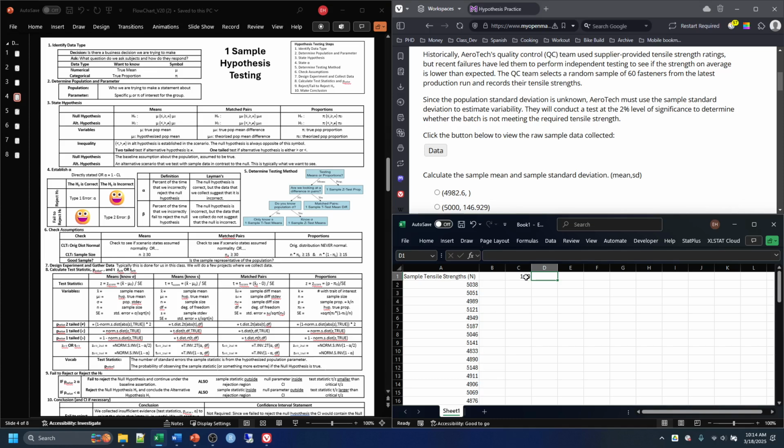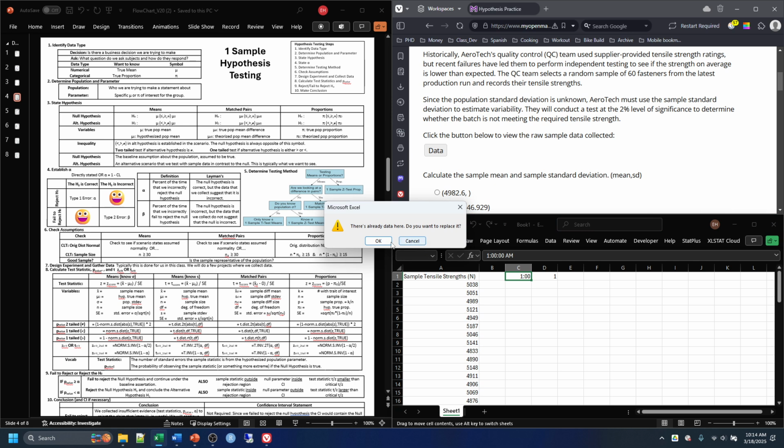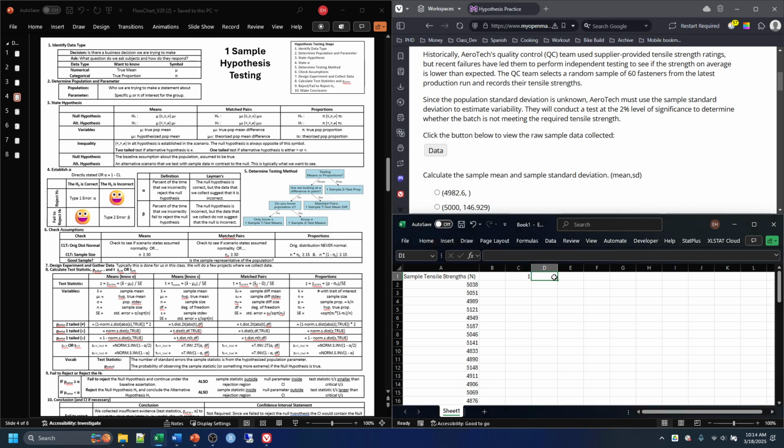So step one, what is our business decision? My business decision is trying to understand, do the fasteners meet quality control standards?